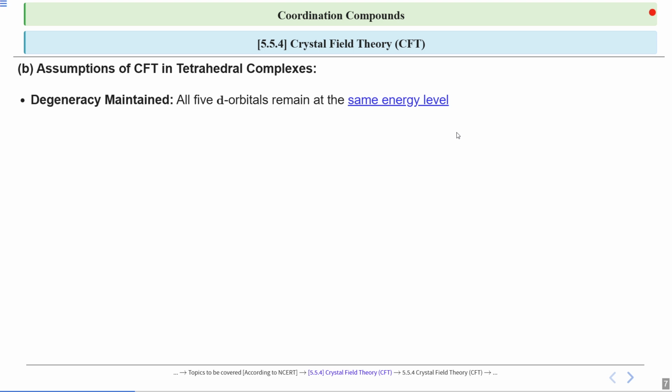As I said, they raise their energy. All 5 d orbitals raise their energy from the previous degenerate form, when there were no ligands and only the metal ion was there, and all the 5 d orbitals had lower energy.